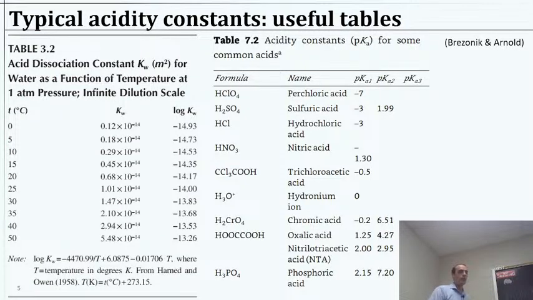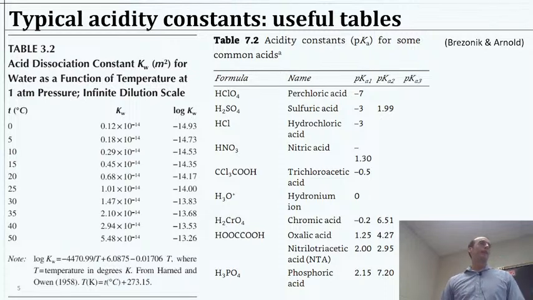Okay, so a couple useful tables. I mentioned 3.1, also not shown here. That has quite a lot of information. 3.2 here, this is temperature dependence for the dissociation constant for water, Kw. So if we stop and think about it, we almost always consider water when we do the equilibrium reaction of water itself to figure out pH versus pOH, so the amount of H plus or OH minus.